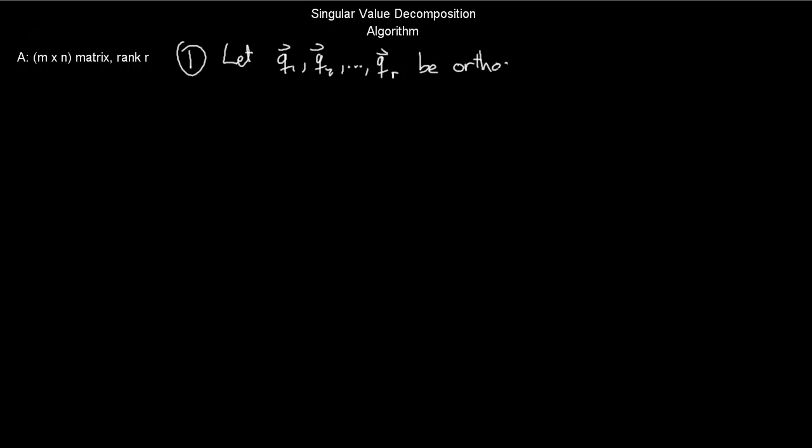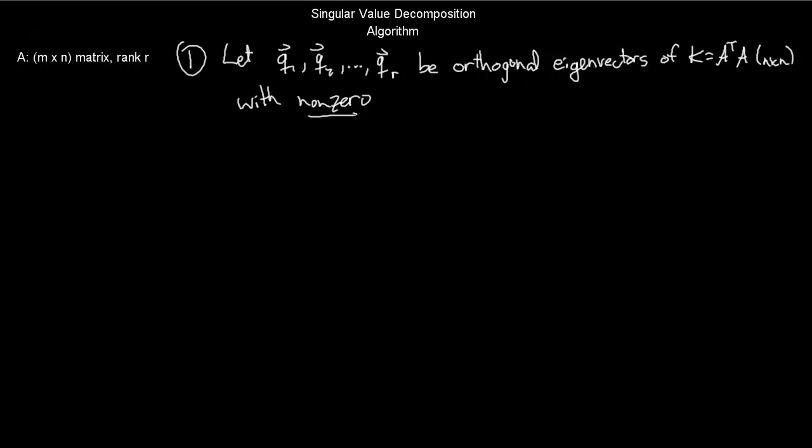I've written orthogonal here, but it's important that your Q1 through QR be orthonormal. You need to normalize them. Orthonormal eigenvectors of K, A transpose A, the Gram matrix, which is an n by n matrix. You can do that. That's what we just proved on the last slide. And take the ones that have non-zero eigenvalues. So kick out all the members of the null space.